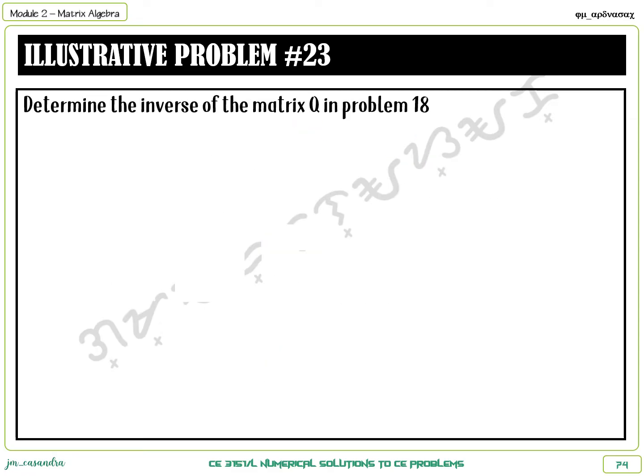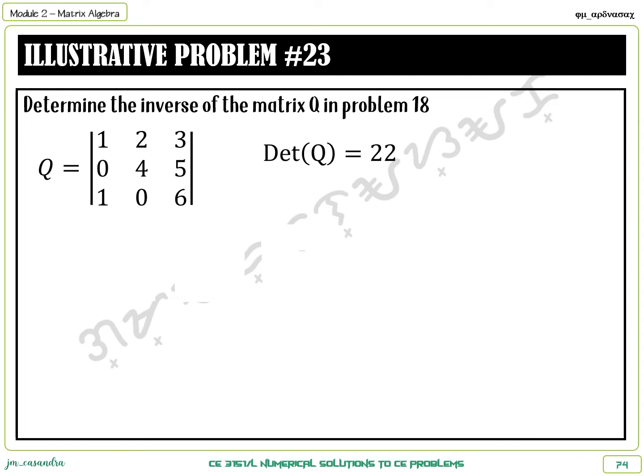Let's solve another example, number 23. Determine the inverse matrix of matrix Q in problem number 18. From problem 18, we have matrix Q, which is a 3 by 3 matrix, and we were able to determine its determinant, which is equal to 22. Since the determinant is not equal to 0, matrix Q can be inverted.